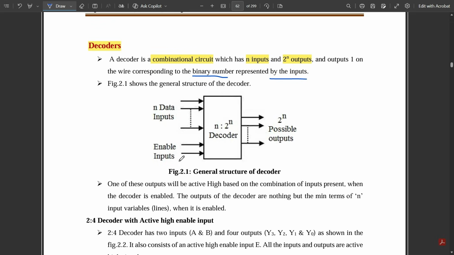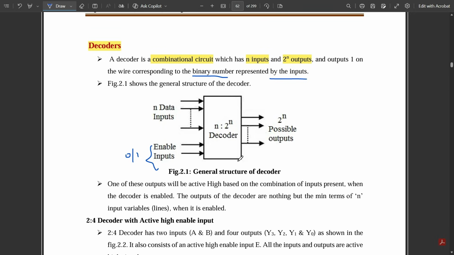In addition to the inputs and outputs, we have some additional pins which are called enable inputs. This could be either 0 or 1. The functioning of enable is very important for the working of the decoder, because these are very important pins which decide the bit positions in each of the output pins.